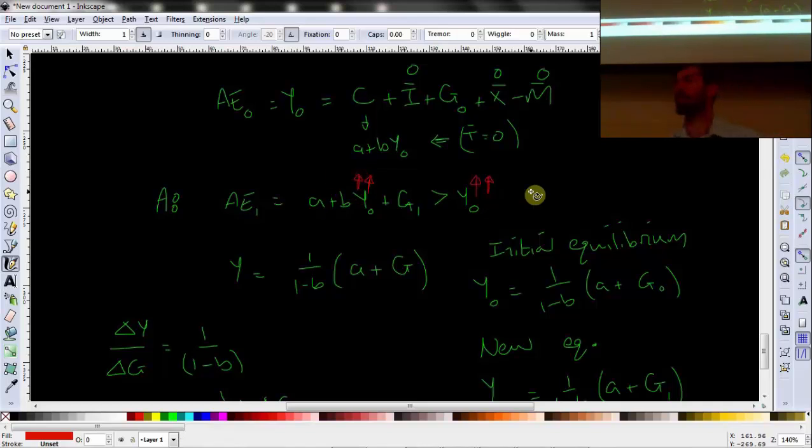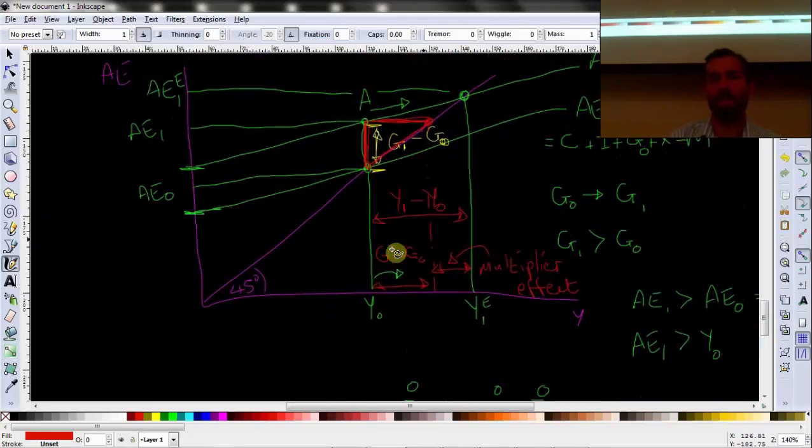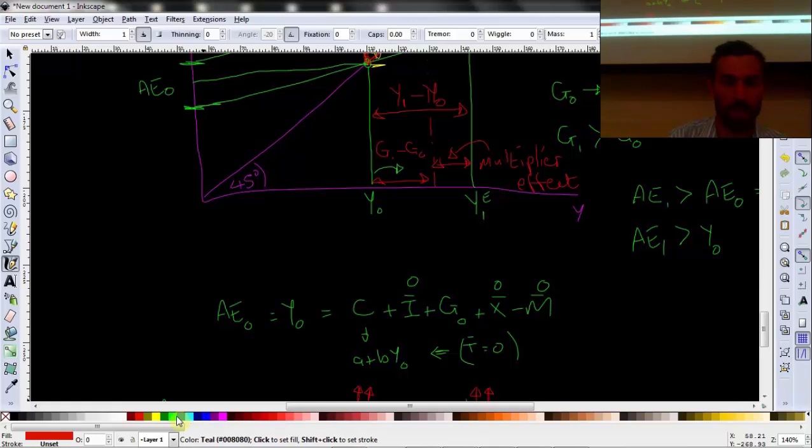In our expenditure approach equation, C is increasing as Y increases. So this increase in G causes an increase in Y. This increase in Y causes an increase in C. That increase in C causes additional increases in Y.